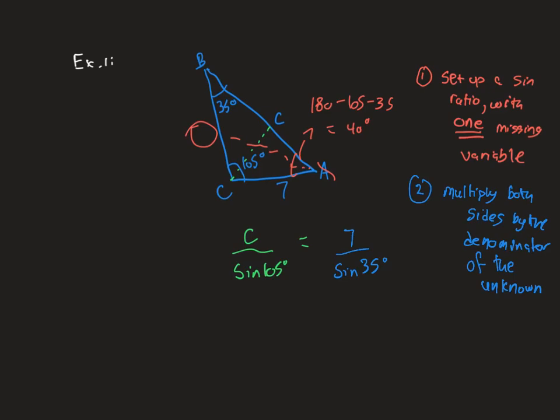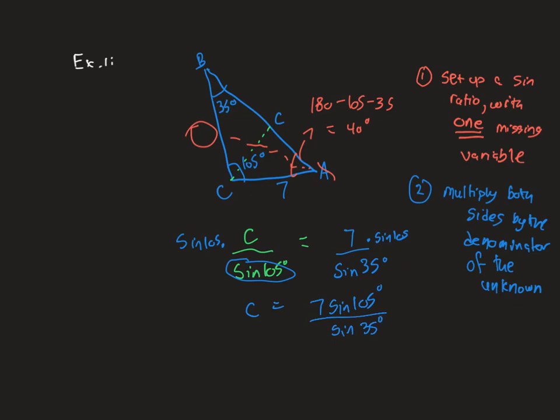Okay, so in this case, that would be this. So I need to multiply both sides by sine of 105. Okay, so you're going to have 7 times sine of 105 divided by sine of 35.